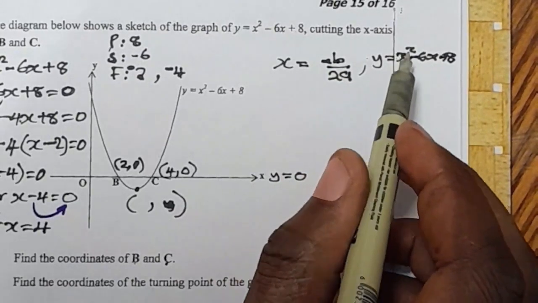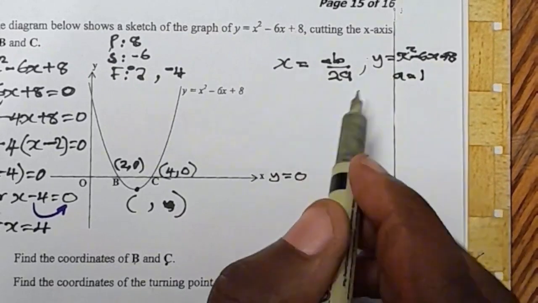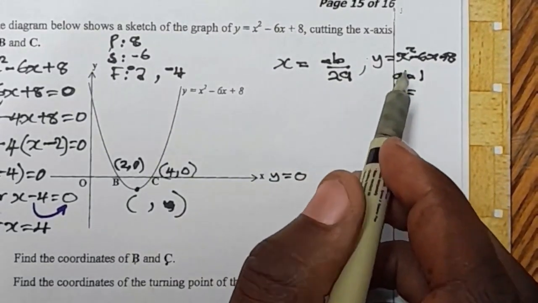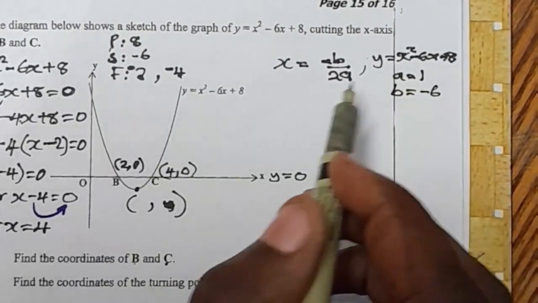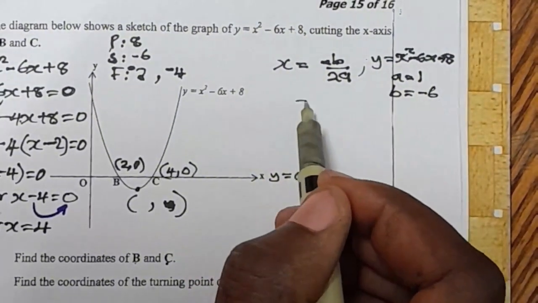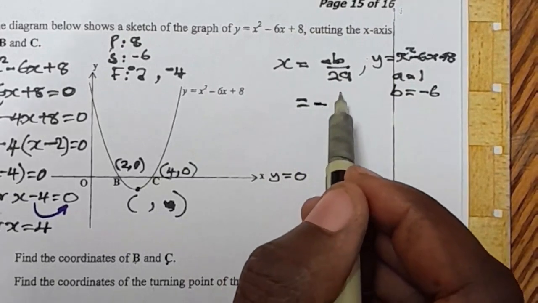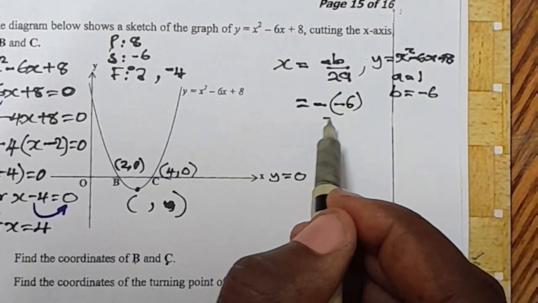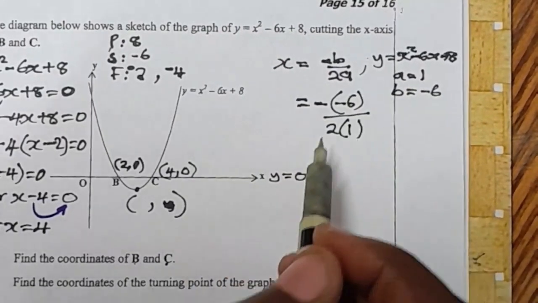So we need to know what b is and what a is. A is the coefficient of x squared. So a is equal to 1. Coefficient of x squared is 1. Then b, the coefficient of x is negative 6. Okay, so we go ahead and plug in there. So we are going to have x is equal to negative, then remember you have negative 6 there, negative 6 over 2, then a is 1.